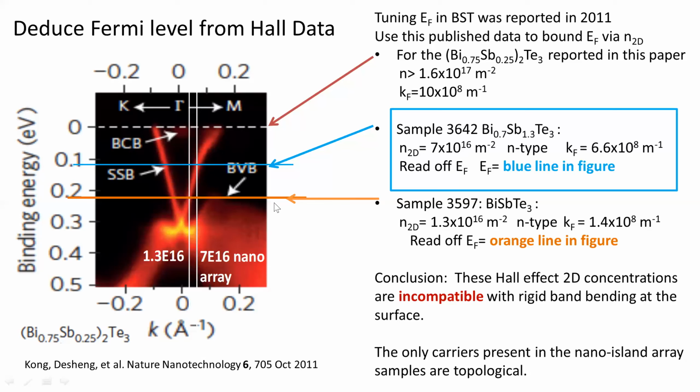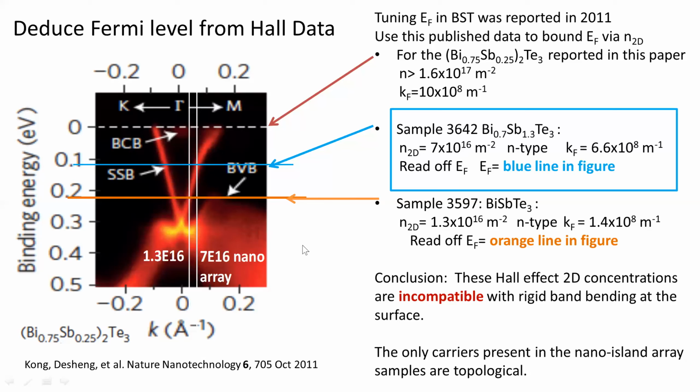We can perform this calculation for other films. For example, for 3597, we have a Fermi level right here. It's still N-type, but a little bit closer to the Dirac point, because the 2D carrier density is lower.